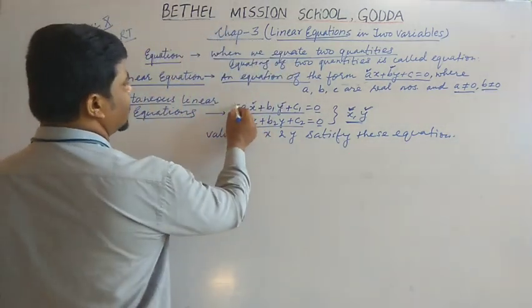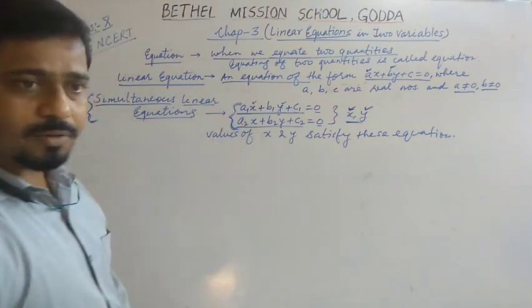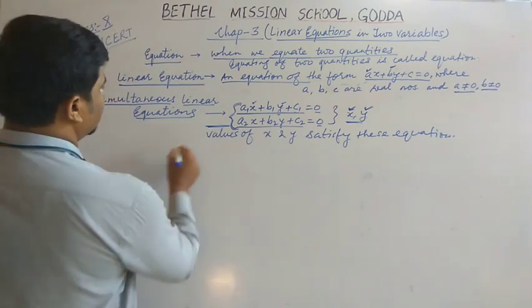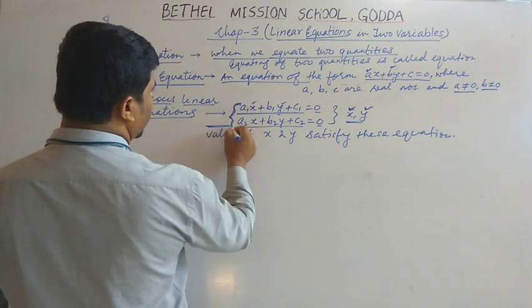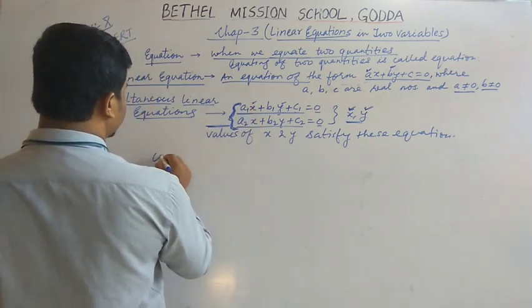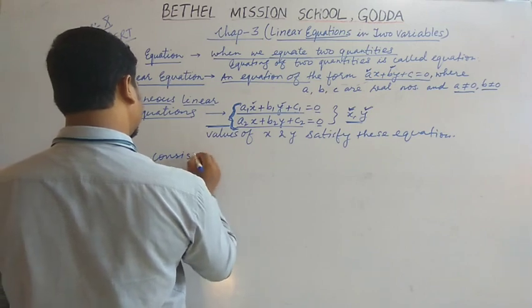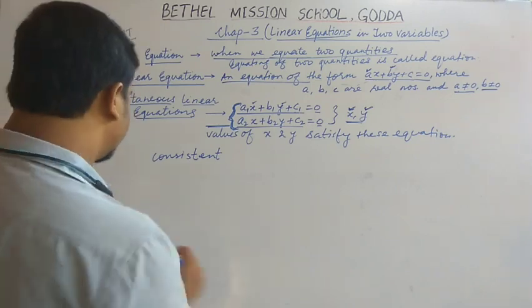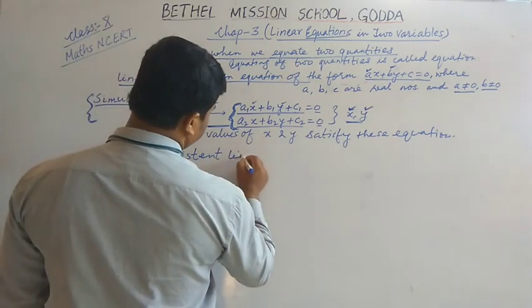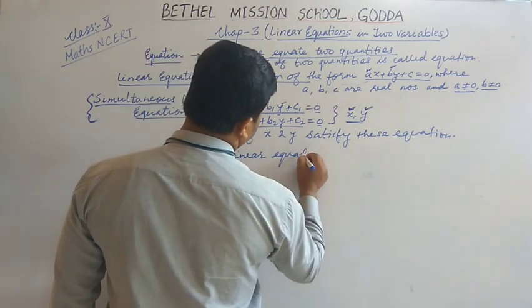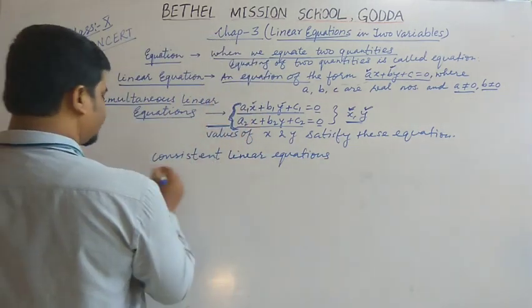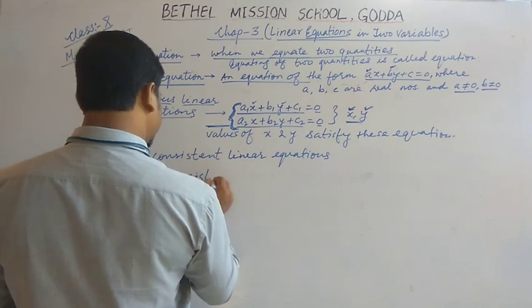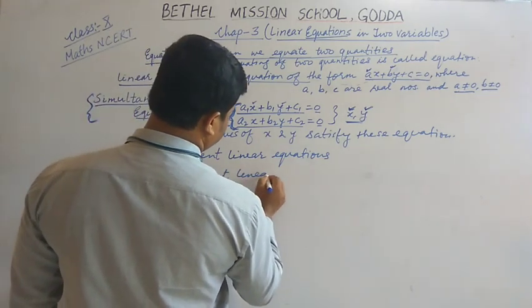So we will study about these types of equations. You know the equations are of two types: consistent linear equations in two variables and inconsistent linear equations.